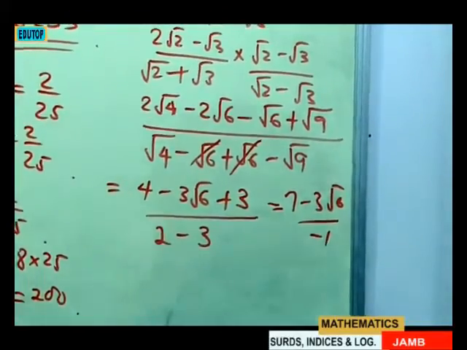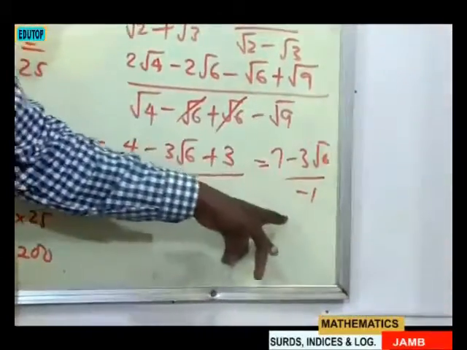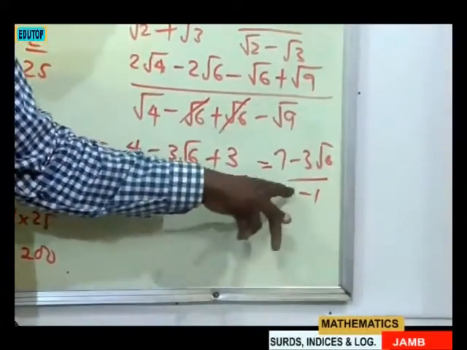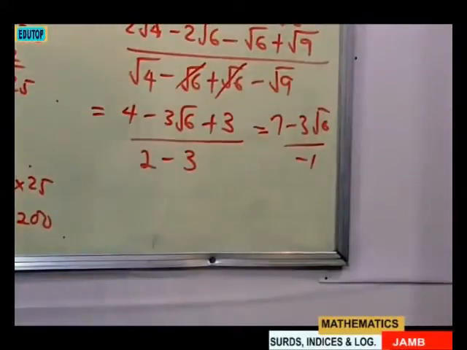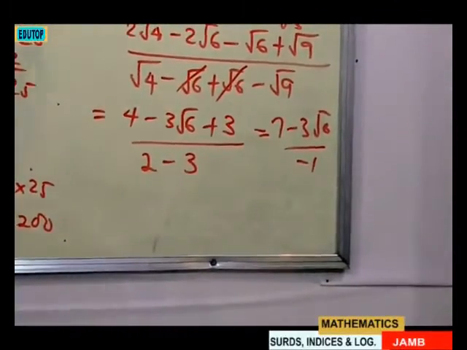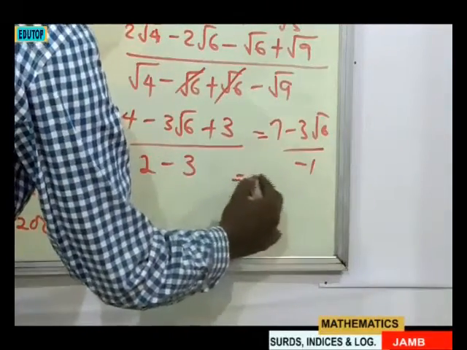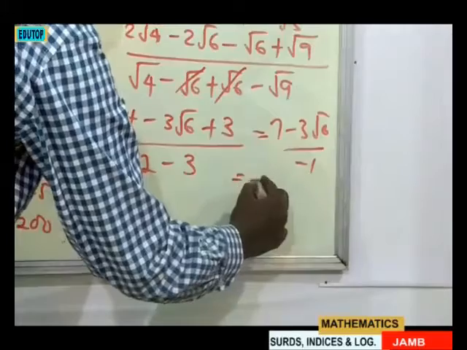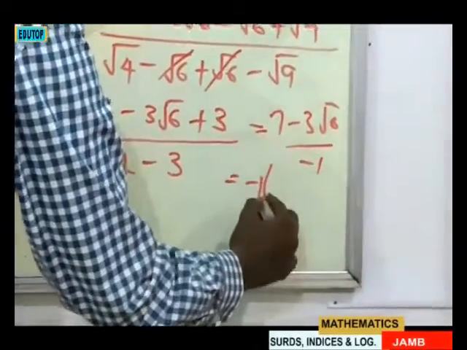Now, the answer is not left this way. So that means if you get to this junction, you still need a good understanding of mathematics to be able to transform this to suit the options that are available. In this situation, how do you do that? Simply by saying this minus comes up. By the time the minus comes up, it is just like saying minus 1.